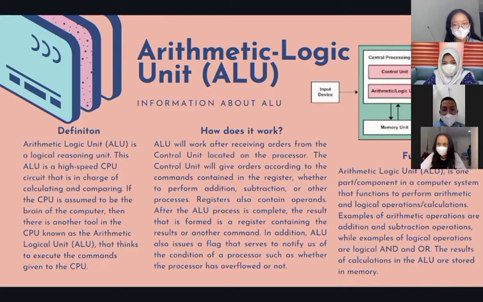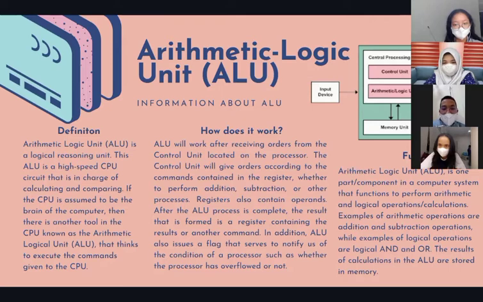How does it work? ALU will work after receiving orders from the control unit located in the processor. The control unit will give orders according to the command contained in the register, whether to perform addition, subtraction, or other processes.